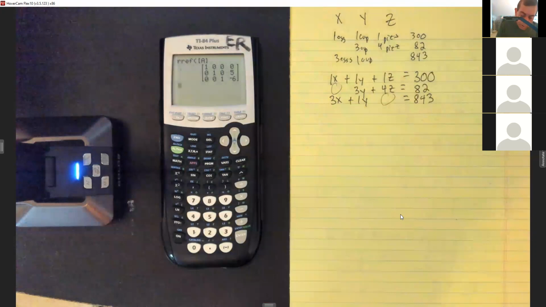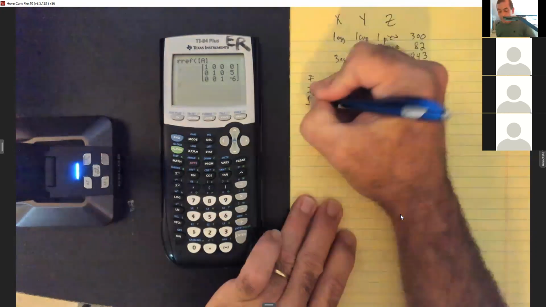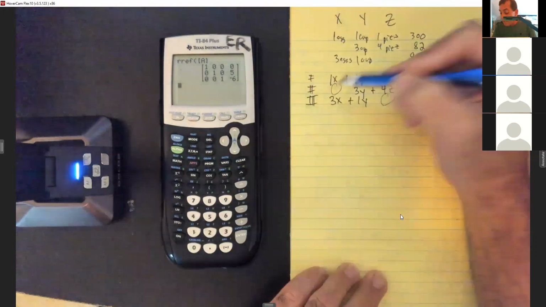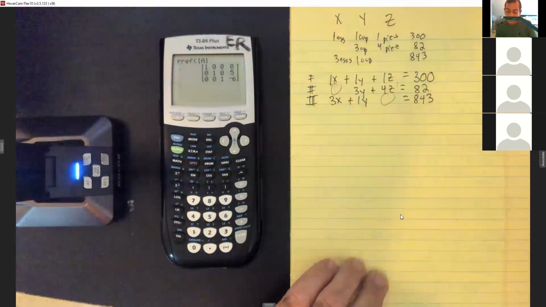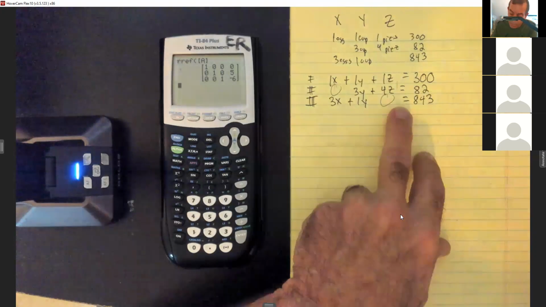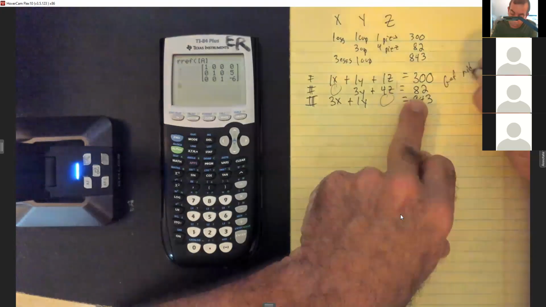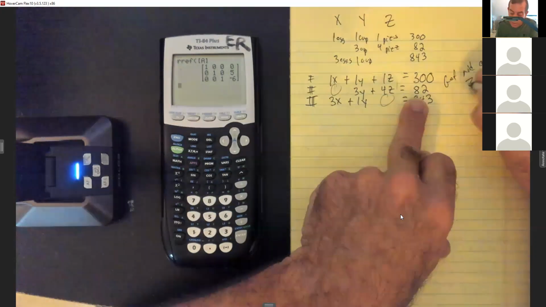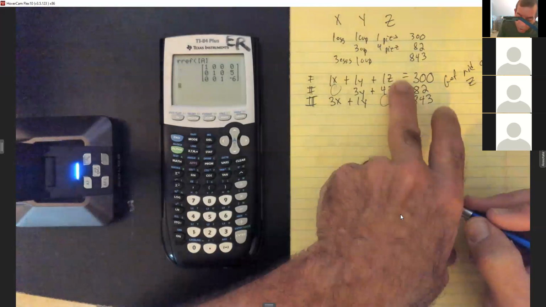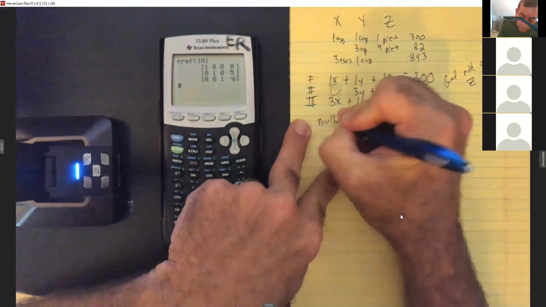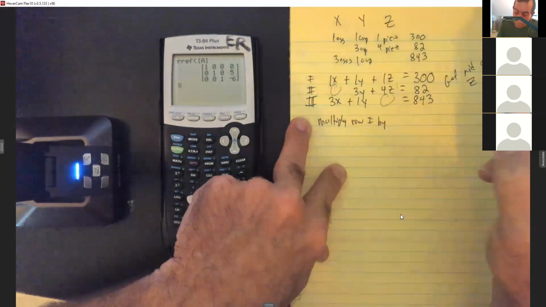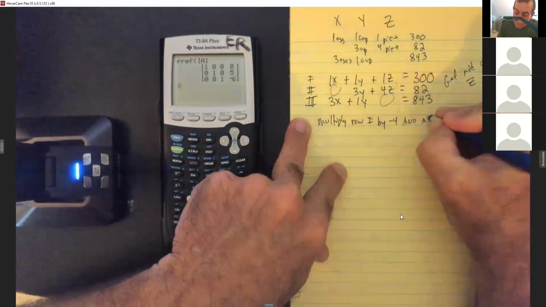All right, so this is 1, 2, and 3. So you can either get rid of X's pretty quick or the Z's pretty quick. So what I think I'm going to do is get rid of these Z's up here. So to get rid of the Z, since that's a 4Z and that's a 1Z, I'm going to multiply row 1 by a negative 4 and then add to row 2.